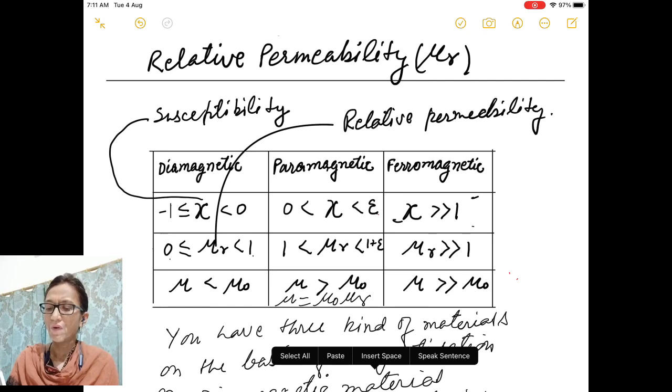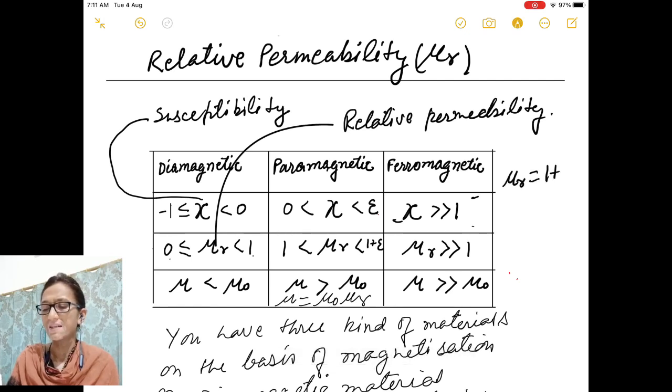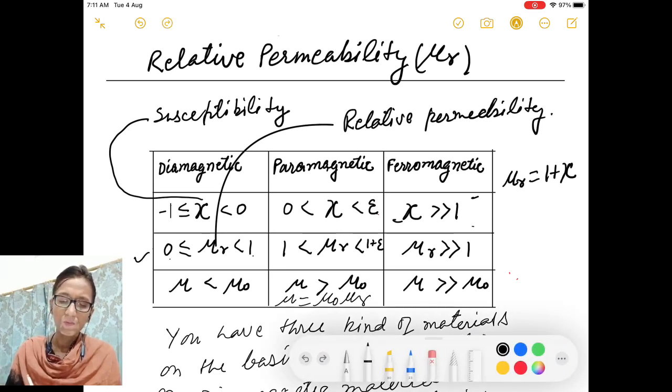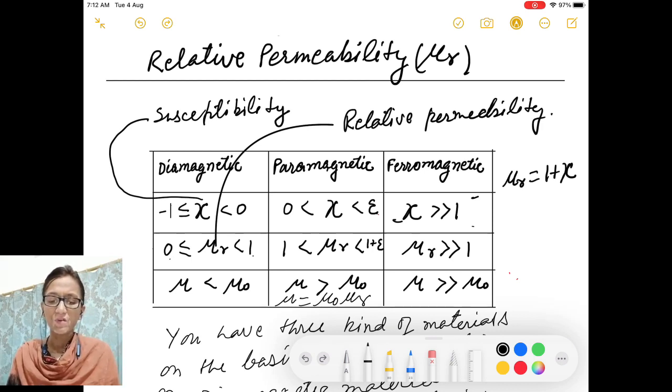Now we know that relative permeability is 1 plus susceptibility. So do add 1 along both the sides and you will find the value. On adding 1 here you get 0 on this side. Relative permeability must be greater than or equal to 0.